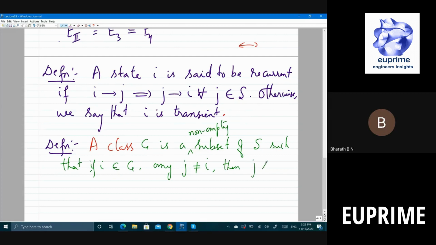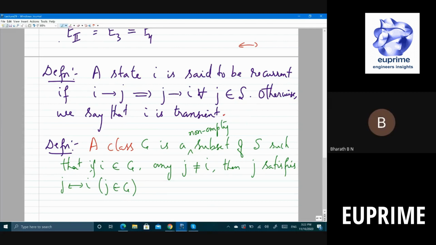J satisfies that J communicates with I, and therefore J belongs to C. So that means, sir, a class will be a set of states which can communicate with each other.